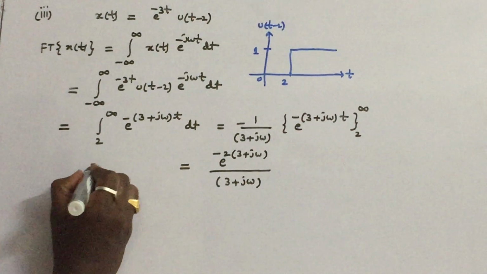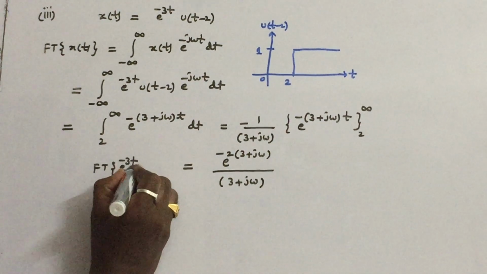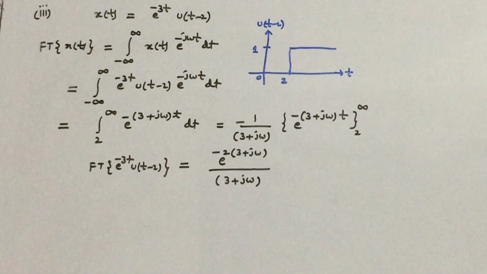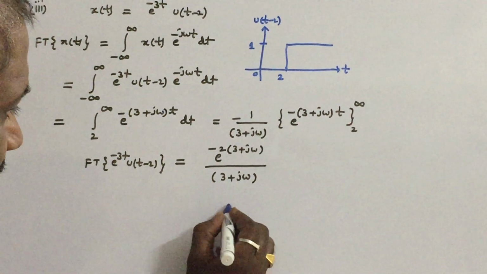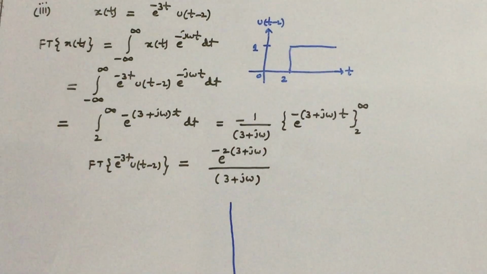The Fourier transform of the given signal e power minus 3t into u of t minus 2. Let us see whether the same answer will come from the time shifting property. Very simple.